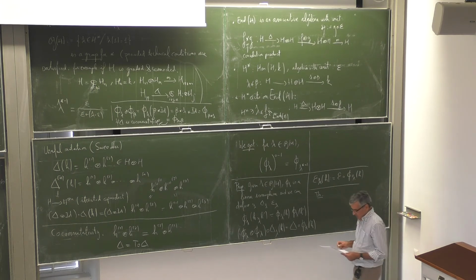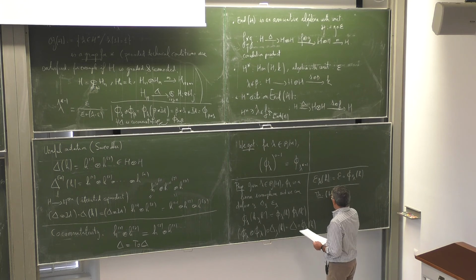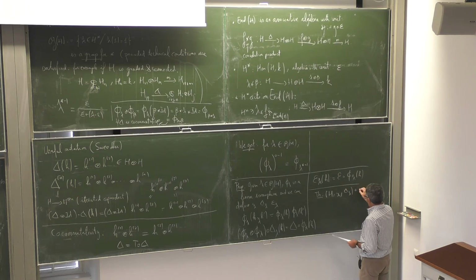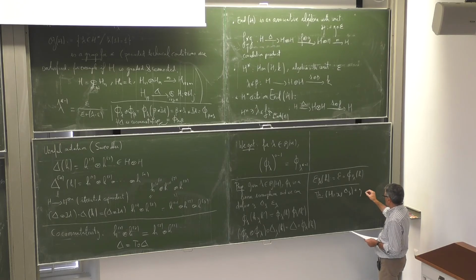We get for free that H equipped with this new product and the new coproduct plus the initial unit map. This is because lambda is unital, that we can use the same unit map for the new algebra. But we have to change the co-unit.